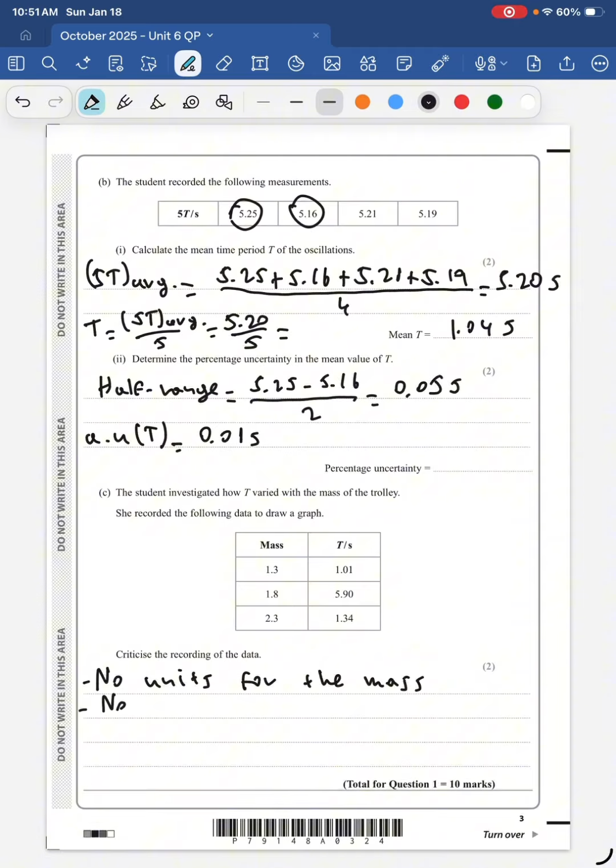No repeats. They start at 1.3, 1.8, 2.3. Okay, that's good. Is there anything else? Very few points.